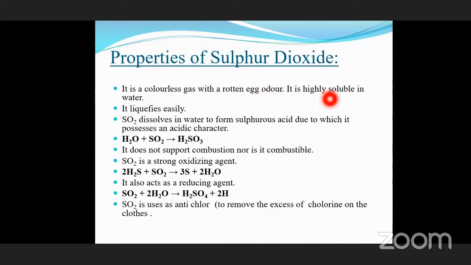It is highly soluble in water. Sulfur dioxide is highly soluble in water. Then it liquefies easily.